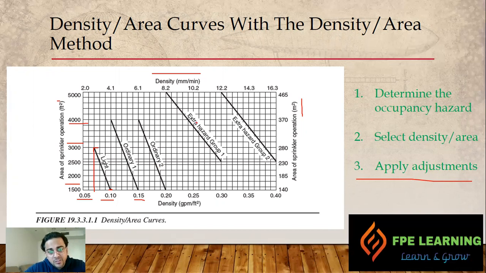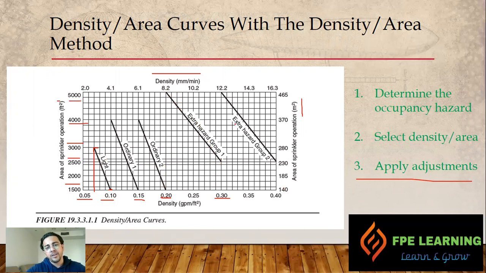Remember, now for extra hazard occupancies, we have to minimum add 2500 square feet, right, from this point. And at that point we have a density of 0.30, right? If you want to choose 0.2 for the extra hazard, you have to choose the area of 5000 square feet.